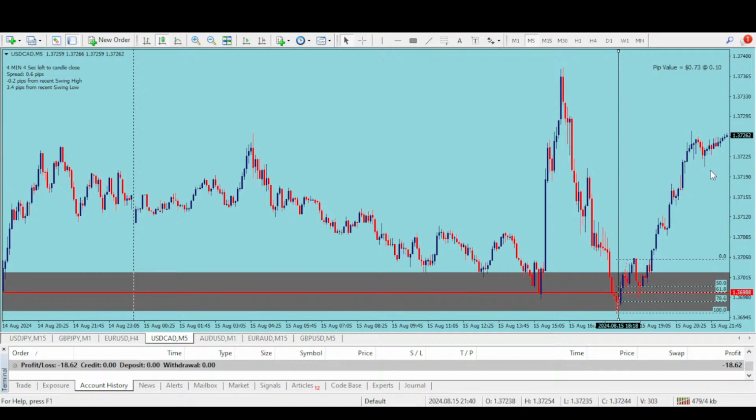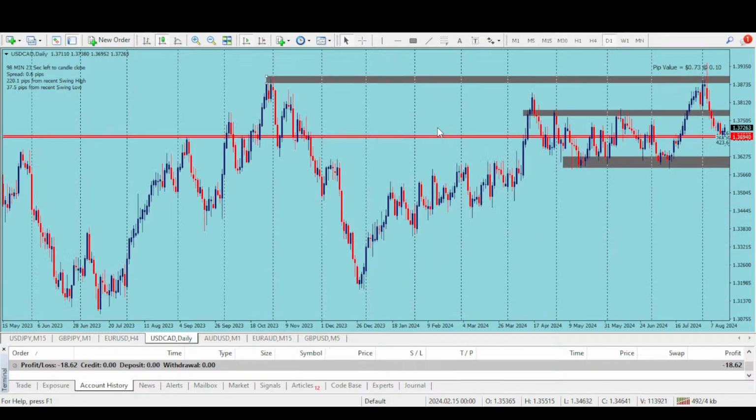So that's all about it. Let me recap. See how we got our demand zone and supply zones.